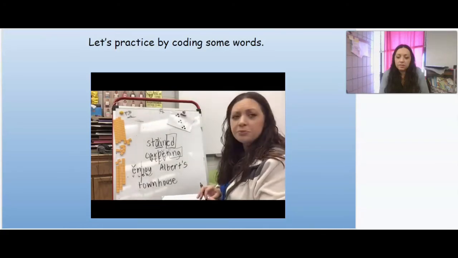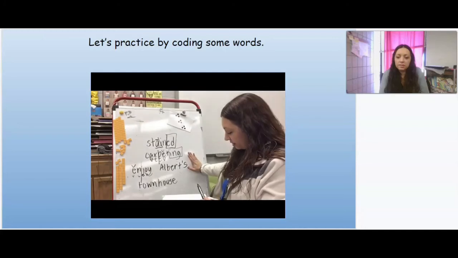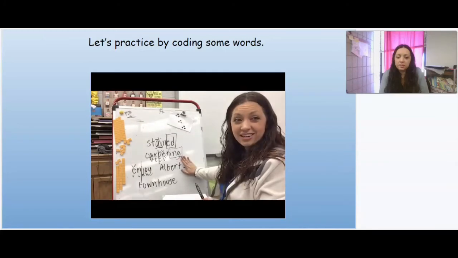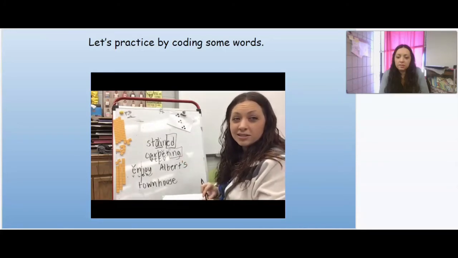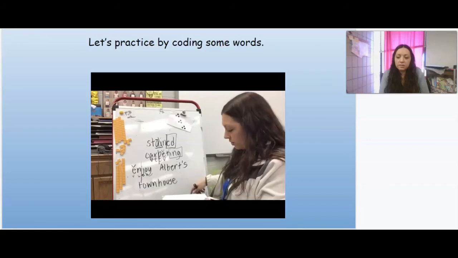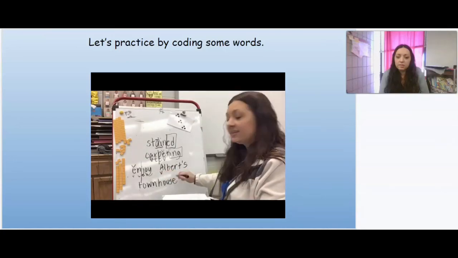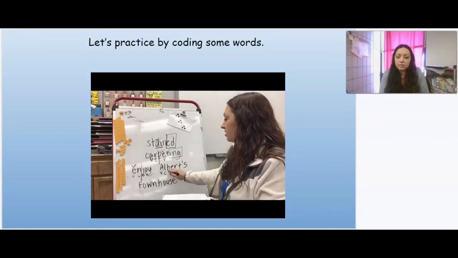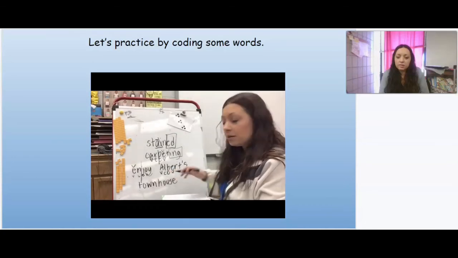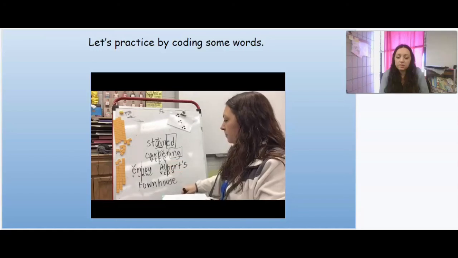All right, how about this word? Well, I've got that apostrophe S, and remember, I'm not even going to act like it's there because it's telling me that that's going to belong to somebody, so we're going to act like it's not there when we're coding, okay? And then I need to find my vowels, so where are my vowels? I got an A and I have an E, and I've got two consonants between it. So I need to break it apart between those two consonants.